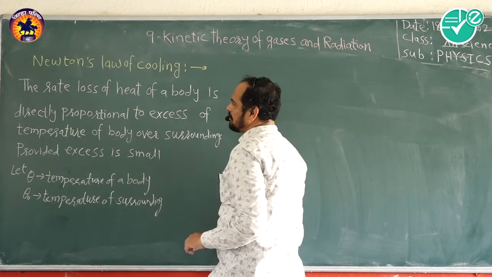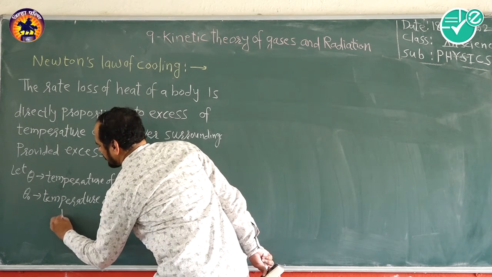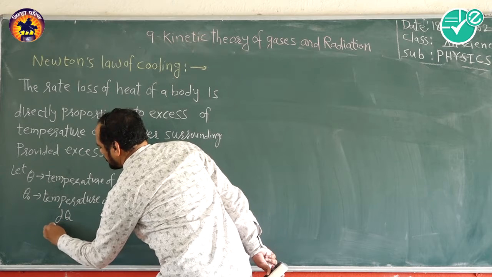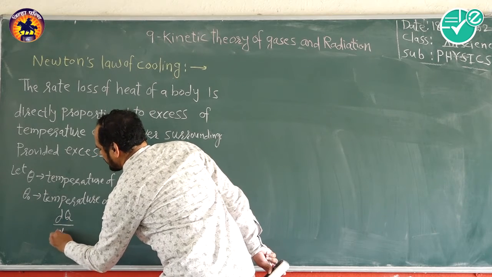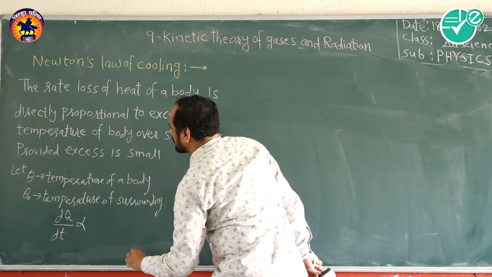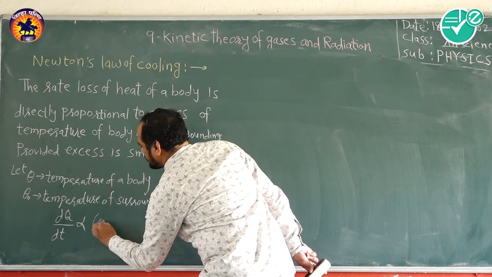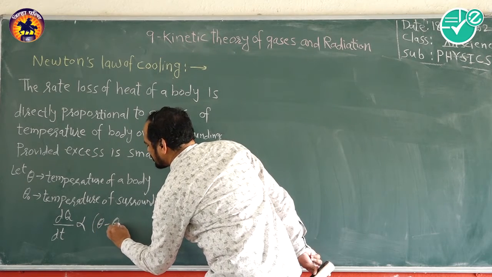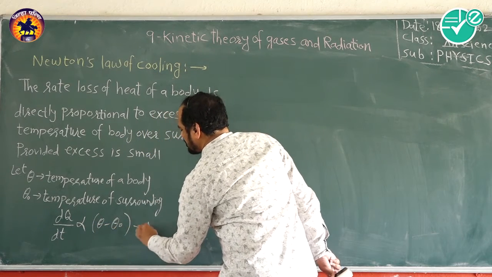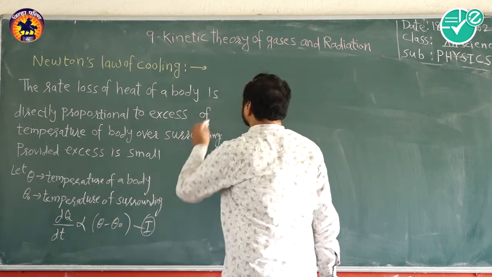So this rate of loss, denoted by dQ by dt, will be directly proportional to, in bracket, theta minus theta 0. We say it is equation number 1.